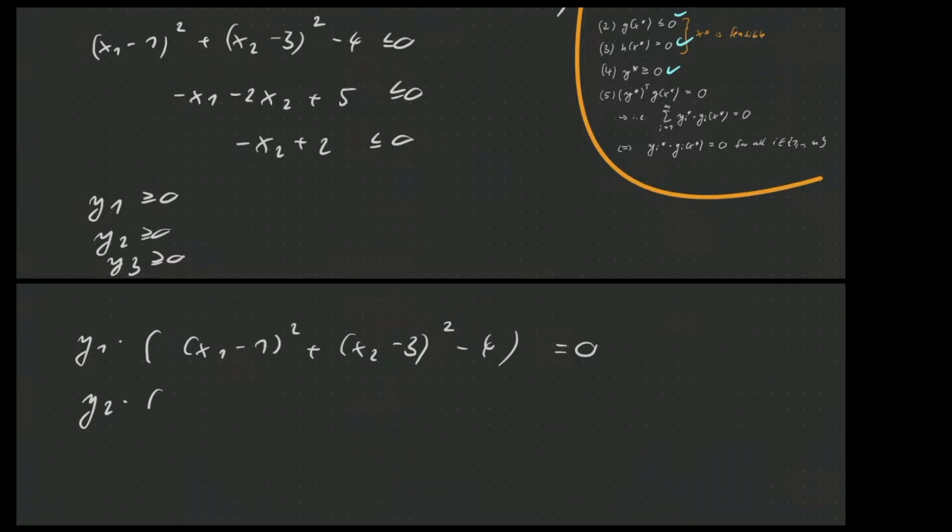Then y2 times the corresponding condition, this one here, minus x1 minus 2x2 plus 5, that is 0. And finally y3 times this condition here, minus x2 plus 2 is 0. Right? So that's constraint number 5.